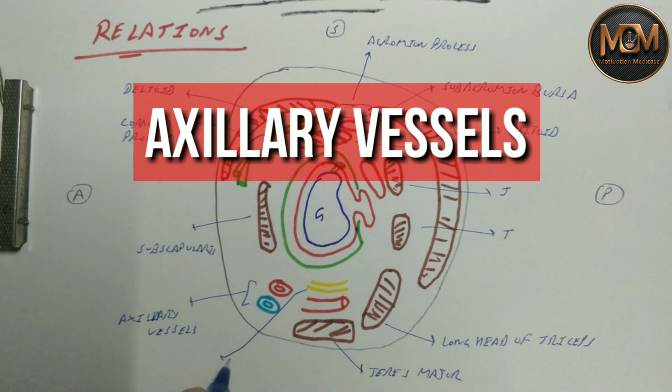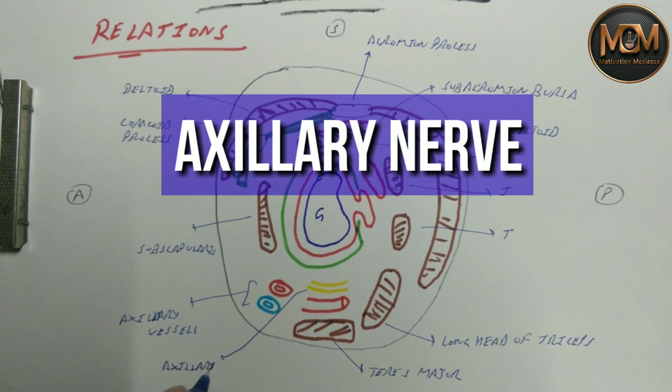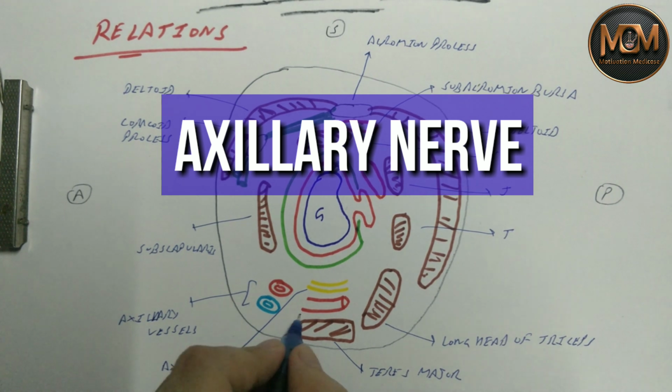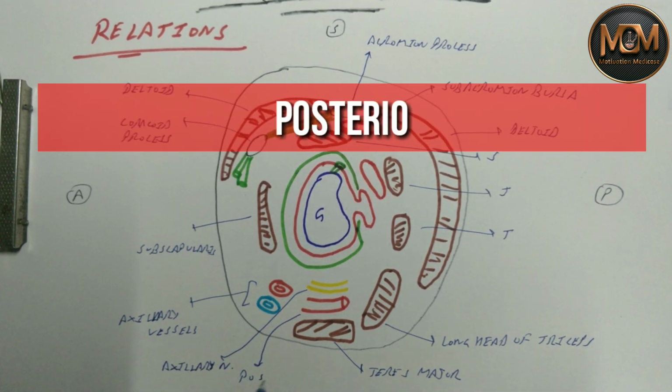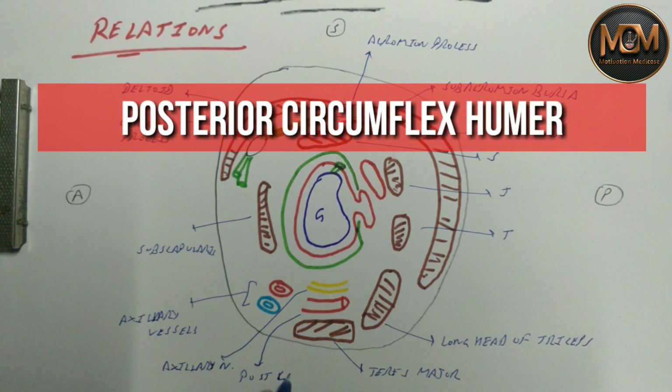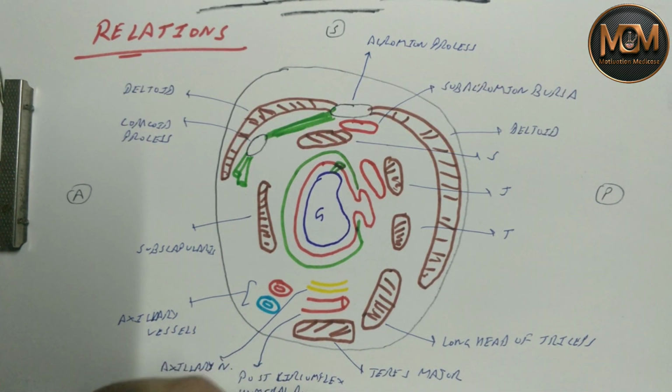This is axillary nerve. Sorry, not vein, it is axillary nerve. And this artery is very important. This is posterior circumflex humeral artery.